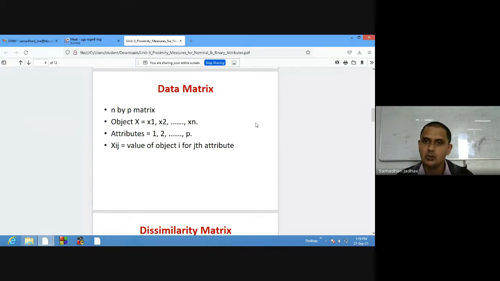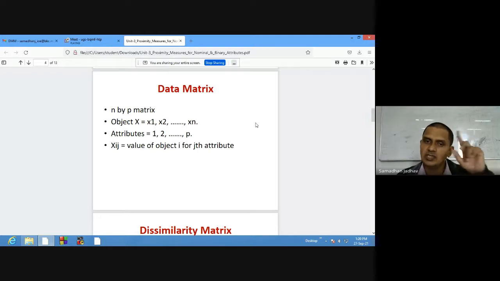And the attributes 1 to p, that is p1, p2, up to pn, if it is an employee, are employee ID, name, joining date, salary, number of promotions, experience, age, date of birth, address. So attributes are in terms of columns and objects are rows. It's a table, a matrix of rows and columns, where rows are labeled by object names and columns are labeled by attribute names.